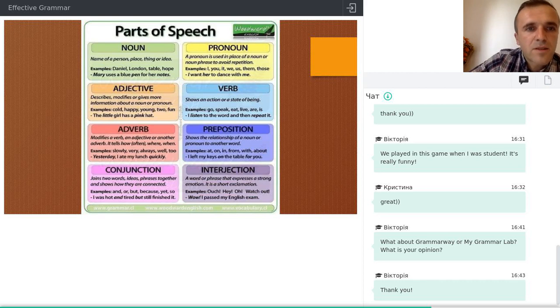Okay, some parts of speech. A Modern Approach to English says that there are 8 parts of speech: noun, adjective, adverb, conjunction, pronoun, verb, preposition, and interjection.